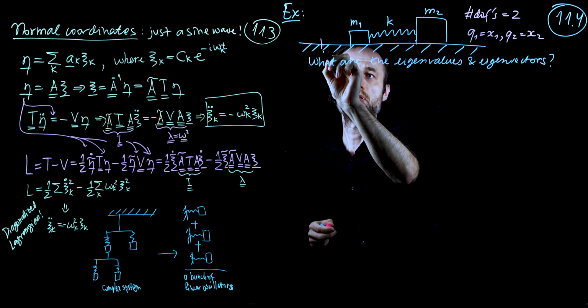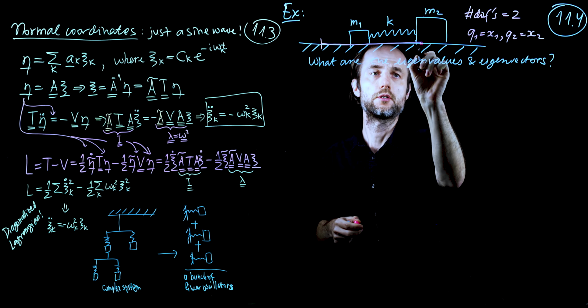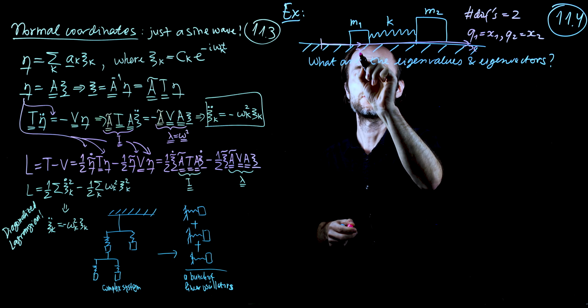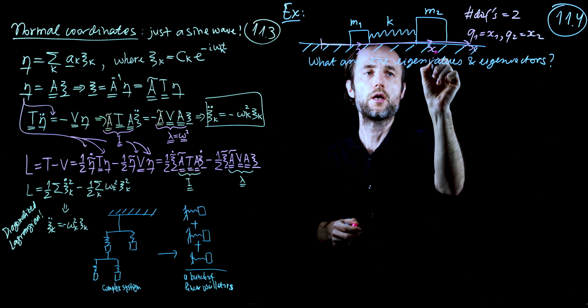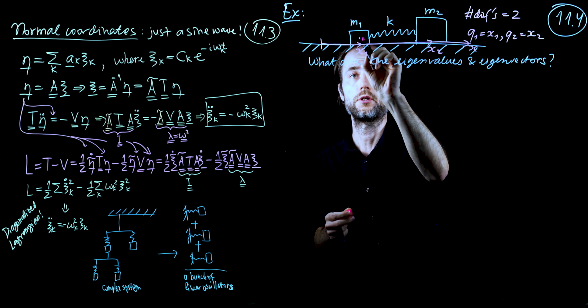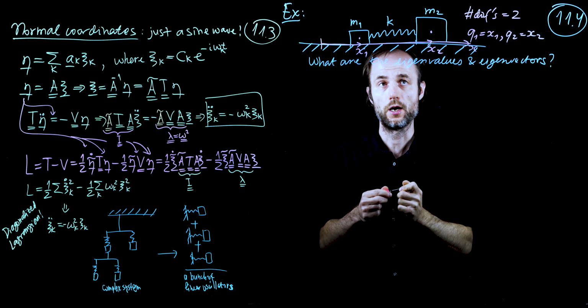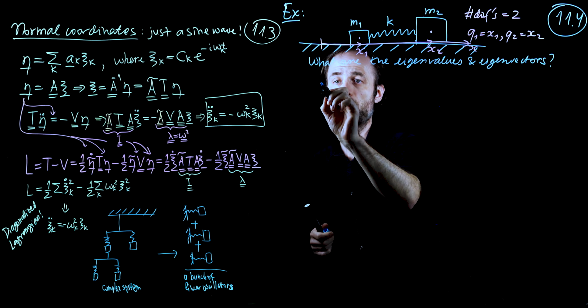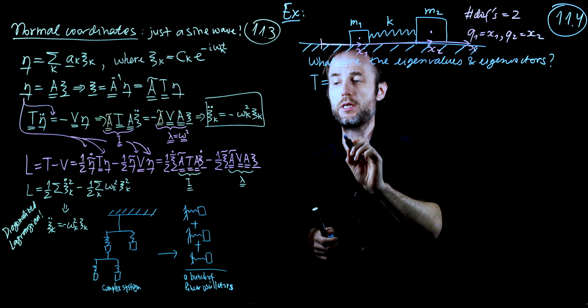So if this is x, then this will be x1, and that will be x2. So these are the coordinates of the weights. And then we can easily write down what the kinetic energy is.